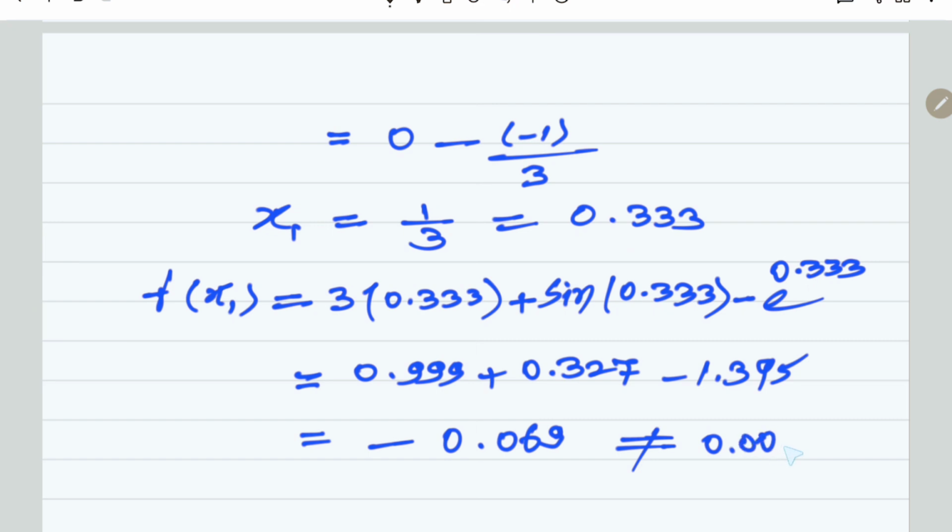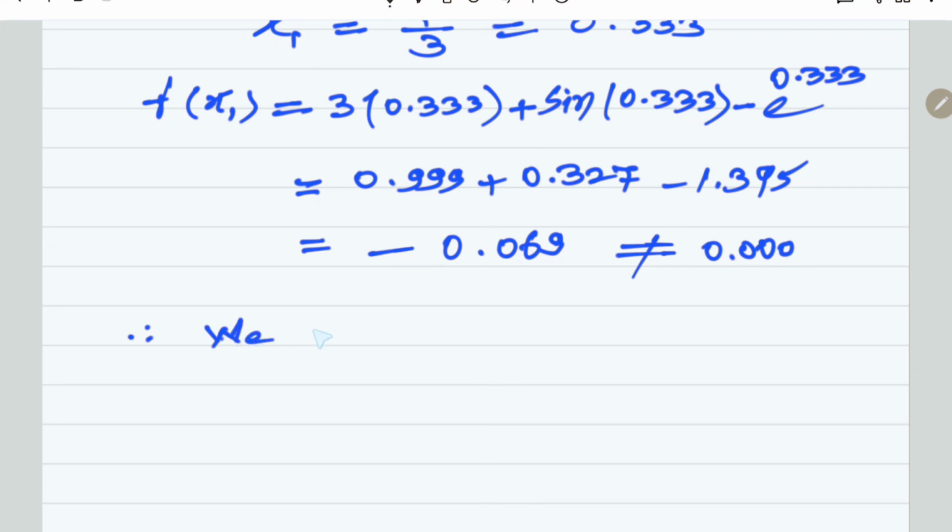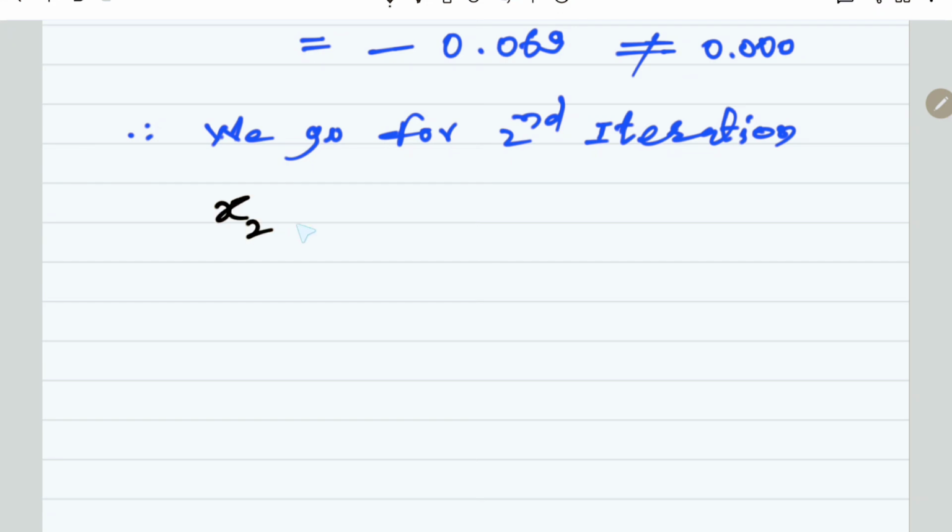Therefore, we have to go to the next iteration step, and we find the value of x2 as x1 minus f of x1 by f dash of x1.